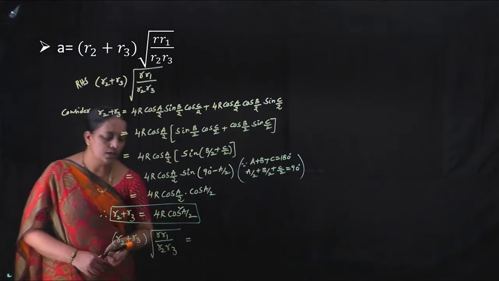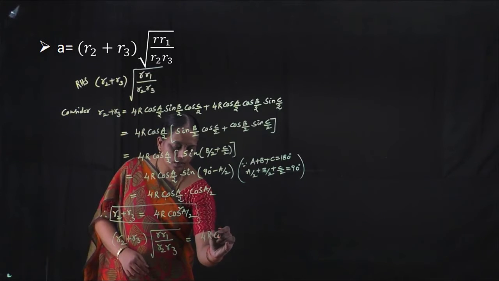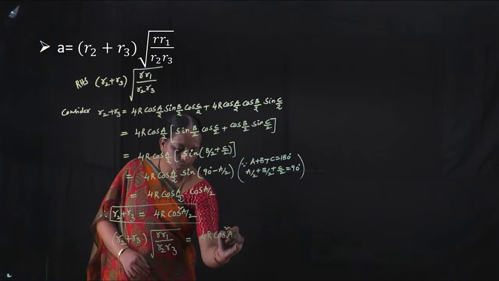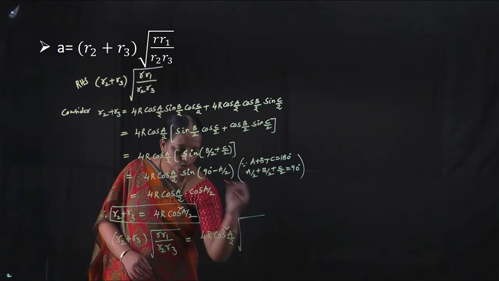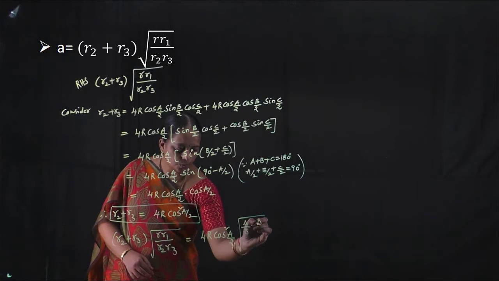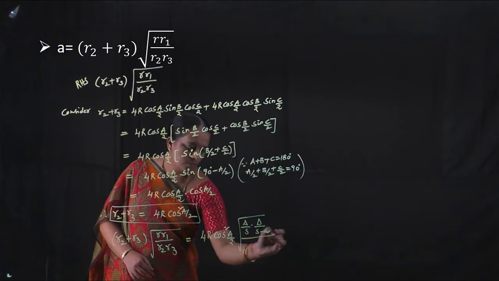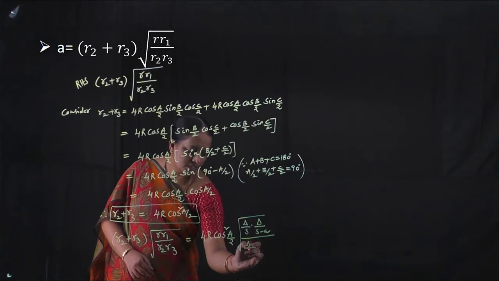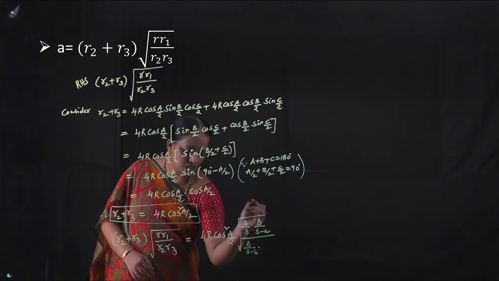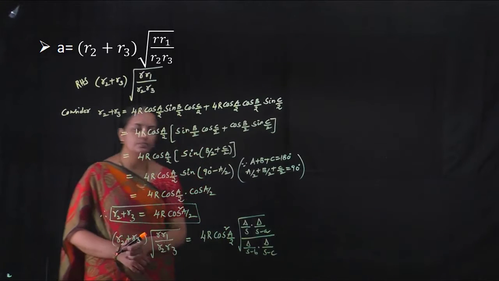This is equal to, R2 plus R3 means 4R cos square A by 2, into root over small r, which means delta by s, into R1, which means delta by (s minus a), by R2, which means delta by (s minus b), into R3, which means delta by (s minus c). Okay.